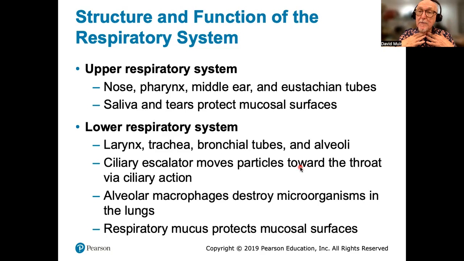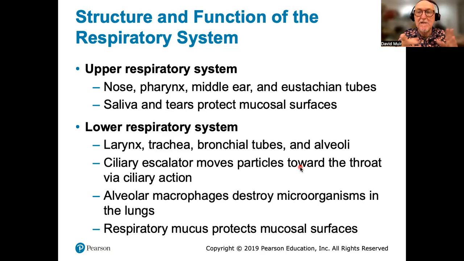And in the lower respiratory tract, it forms a continuous sheet all the way from the small alveoli in the lungs, all the way up to the top of the throat. That is called the ciliary escalator, because it is a sheet of mucus that is continually moving.